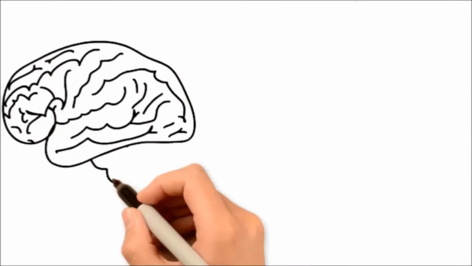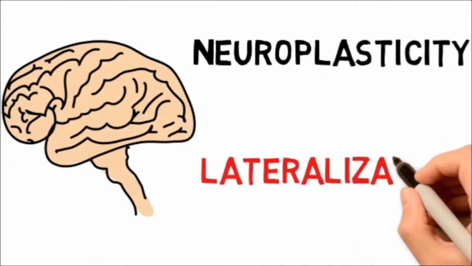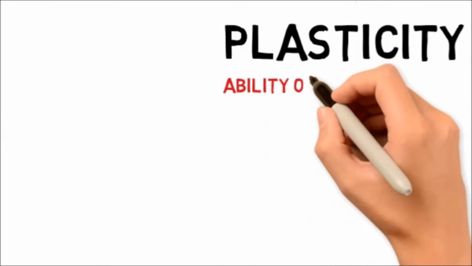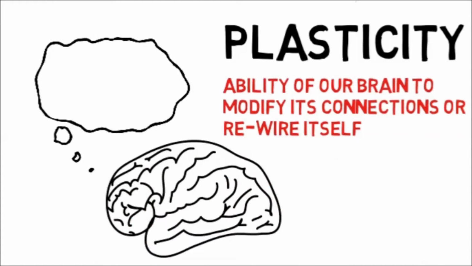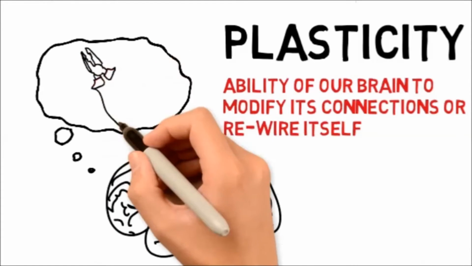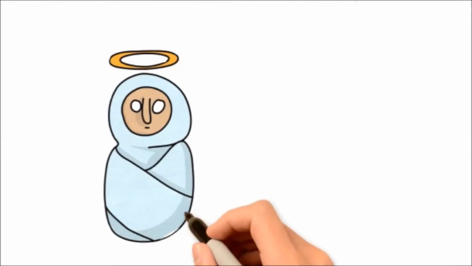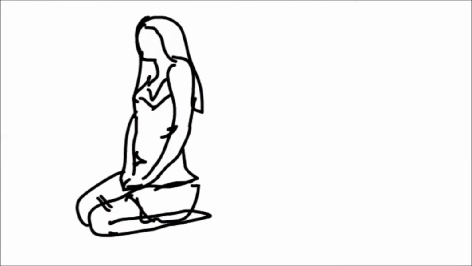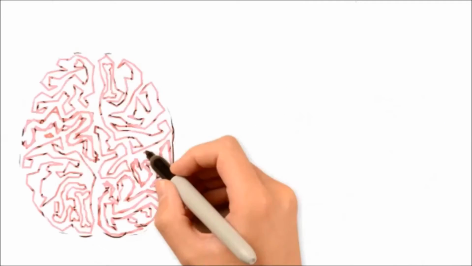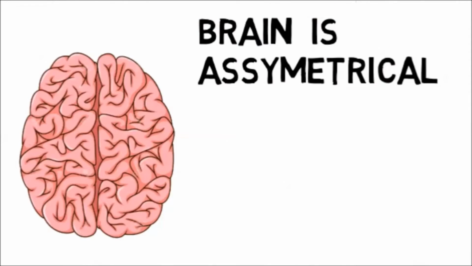The next thing we learned was about neuroplasticity and lateralization. Brain plasticity is the ability of our brain to modify its connections or rewire itself. Without this ability, our brain would be unable to develop from infancy to adulthood or recover from brain injury. Lateralization means that our brain is asymmetrical by design.